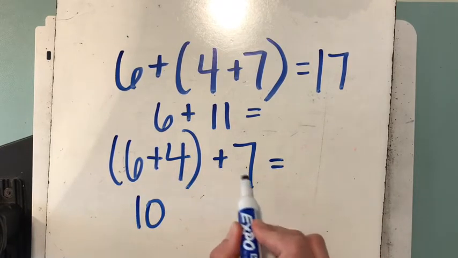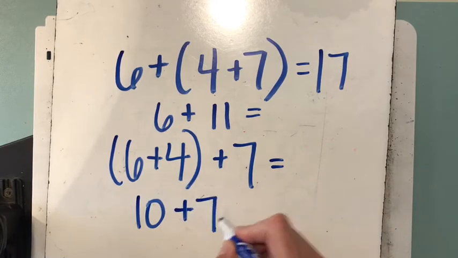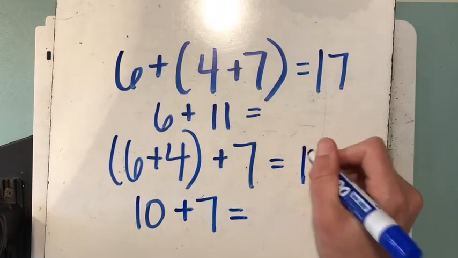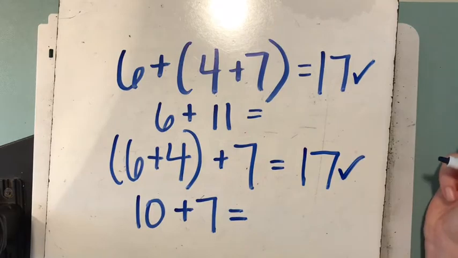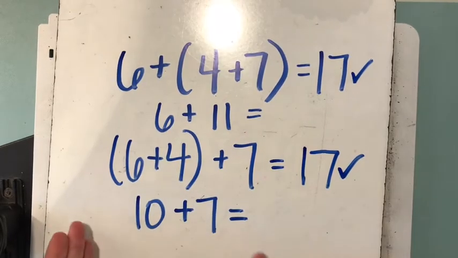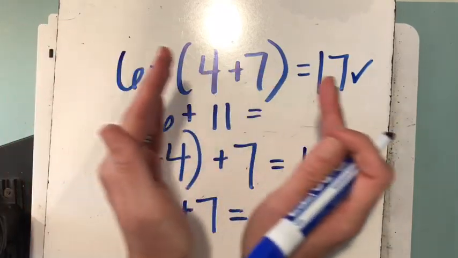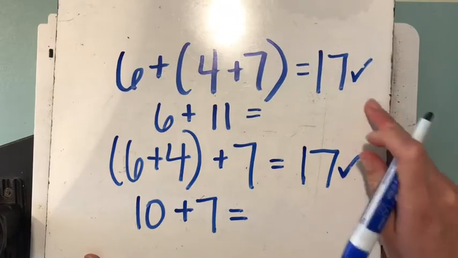Now I'm going to go outside the parentheses and add 7 to 10. How much is that? 17. Did I get the same sum? I did. So it works. This is the associative property. Even though we moved the parentheses over, it still came up with the same sum.